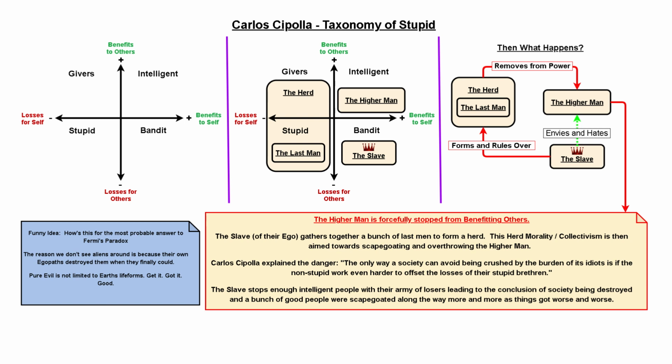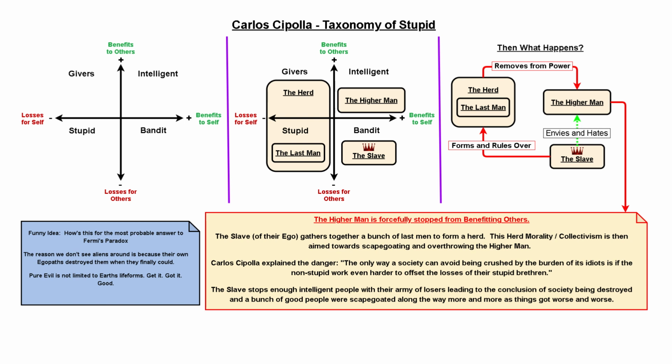So we'll move on to the second one here in the middle. And you'll notice that I have included Friedrich Nietzsche's classifications, where under intelligent, you have the higher man. Under bandit, you have the slave with his little egopath crown.